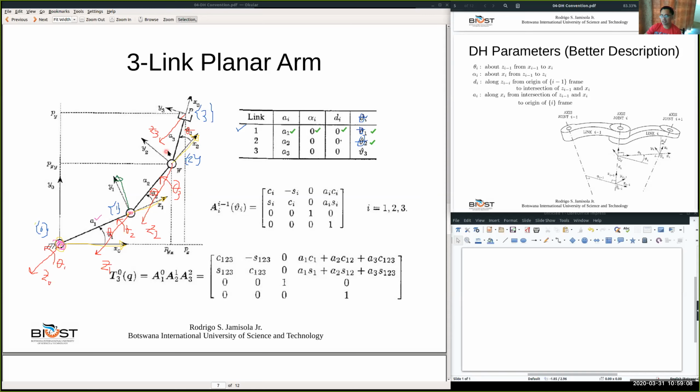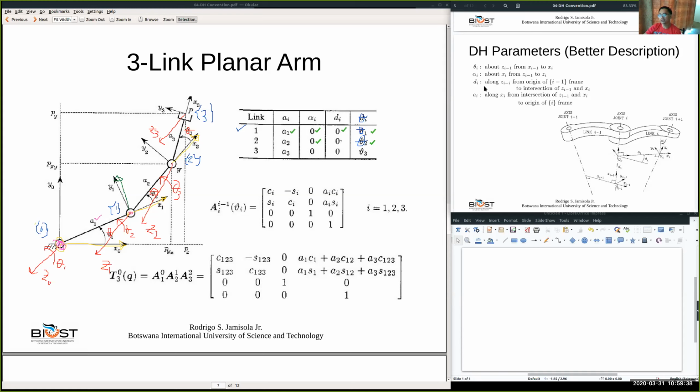Because these two axes are parallel, there's no rotation with respect to X2, and so your alpha 2 is 0. We already know alpha 2 is 0. Again, X2 is in the Z direction, and Z1 and Z2 are both parallel. There's no rotation about X2, and so alpha 2 is 0.